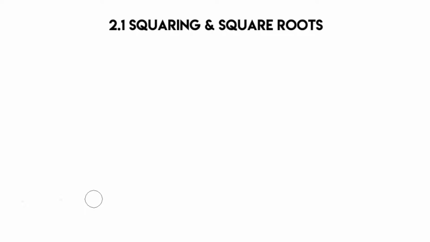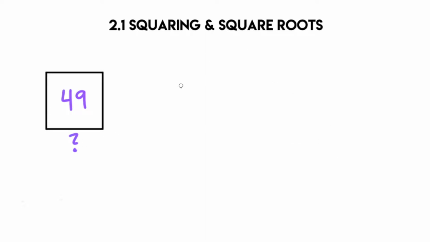All right, a few more examples here. Here's a square, and the area of this square is, let's say, 49. The area of this square is 49. What is the square root of this square? Or in other words, writing it out in algebra, so this is geometry. Writing this out in algebra, what is the square root of 49?